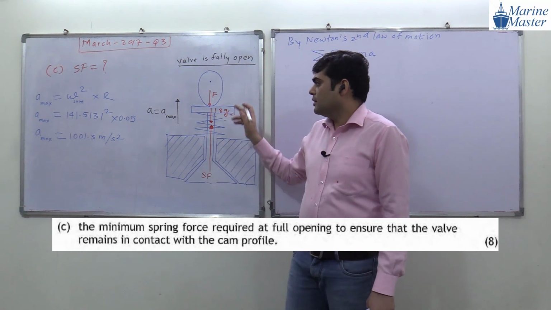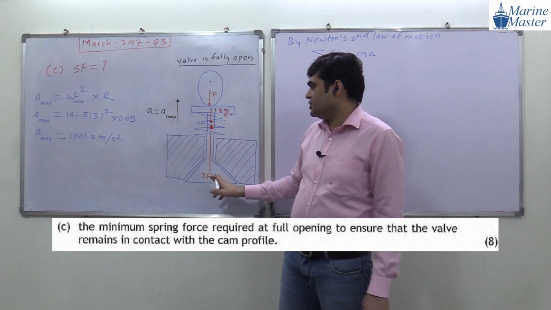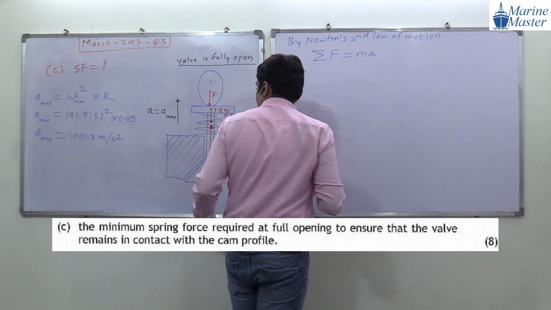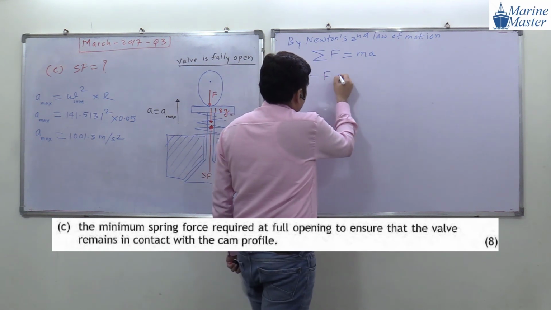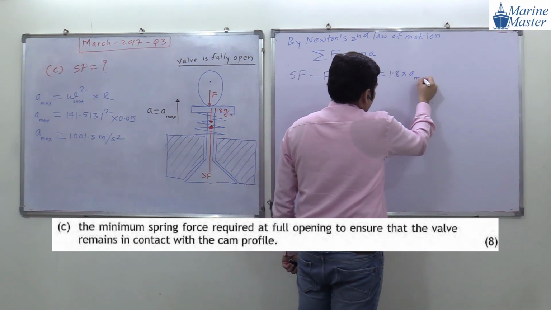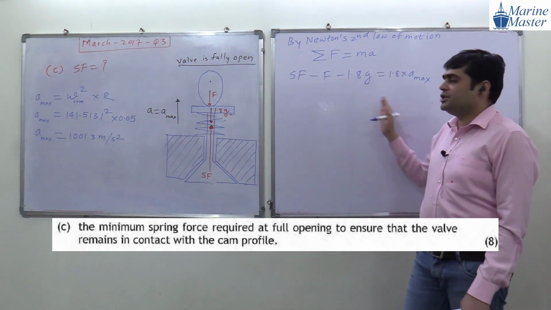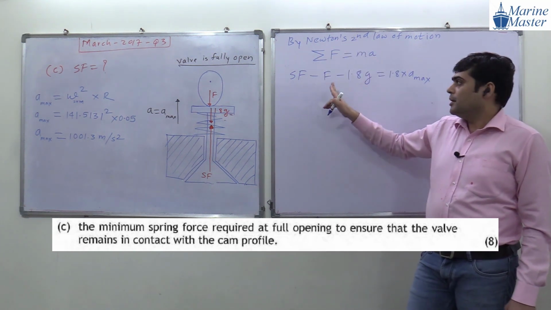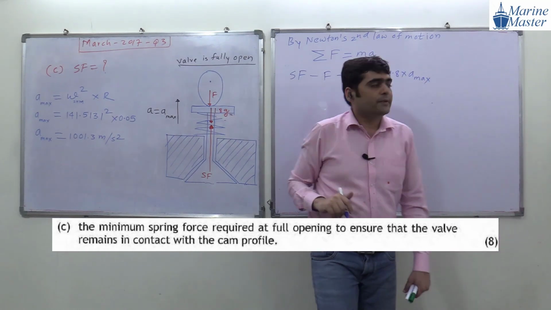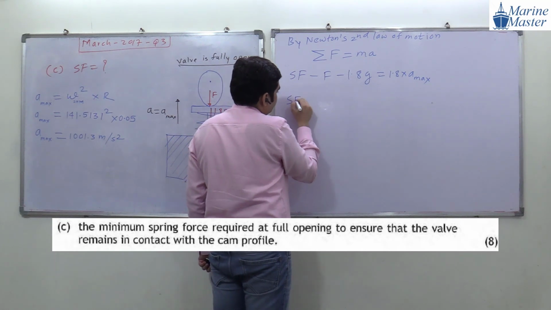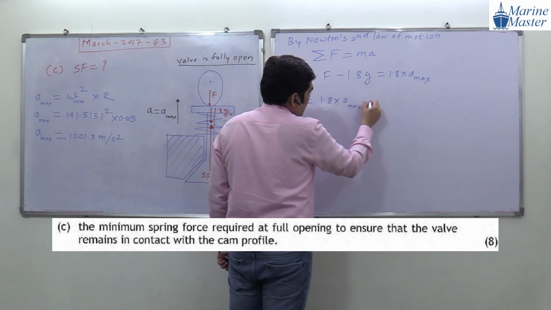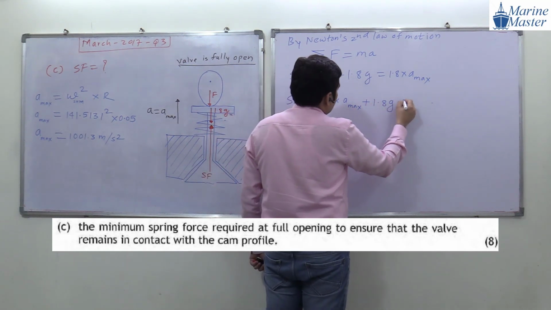First of all, forces in the direction of acceleration, SF positive. Then the next forces: SF minus F minus 1.8 g is equal to 1.8 into a max. Any doubt in this expression? So SF is equal to 1.8 a max plus 1.8 g plus F.